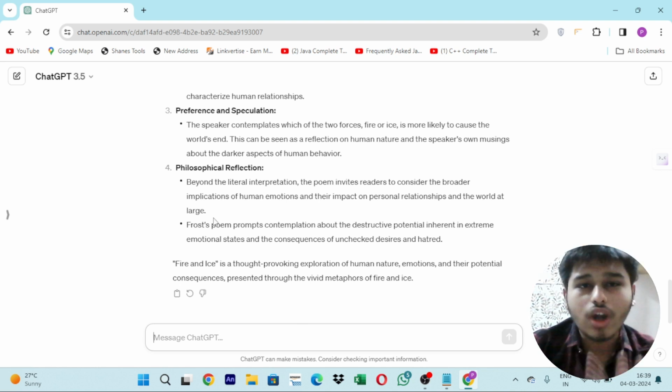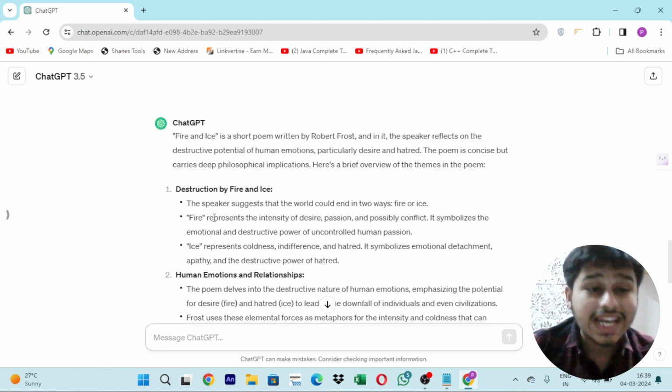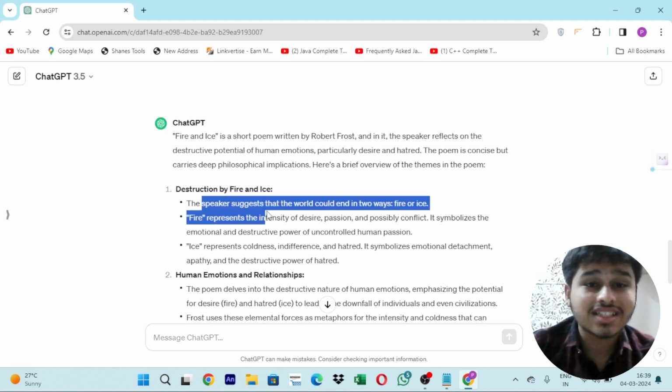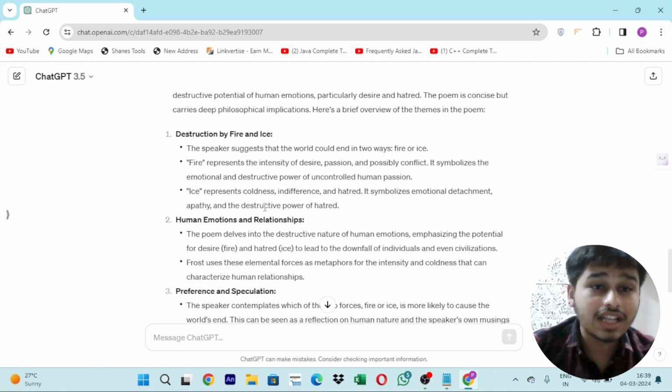Okay, so now what does ChatGPT do? ChatGPT analyzes the whole poem's theme and tells us about the destruction by fire and ice, what the speaker suggests. Then it tells what fire represents and what ice represents in that particular poem.